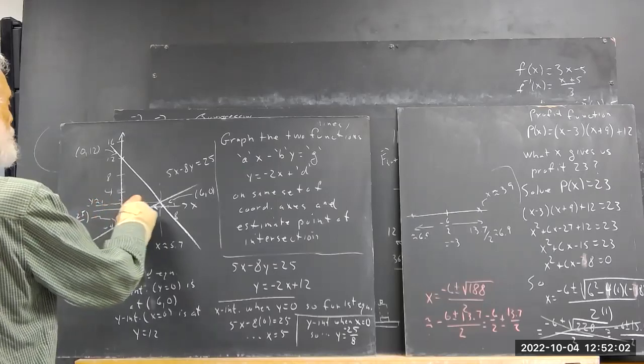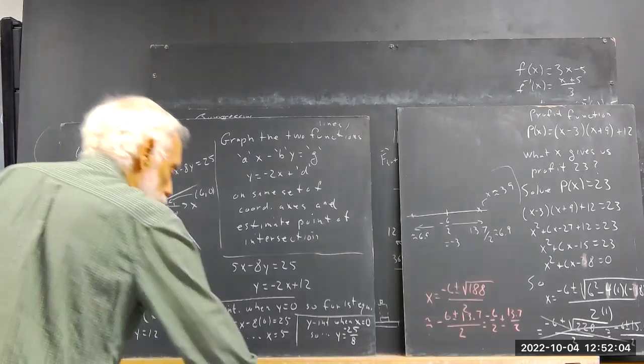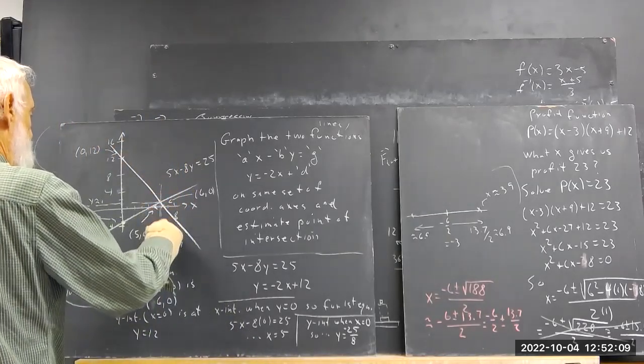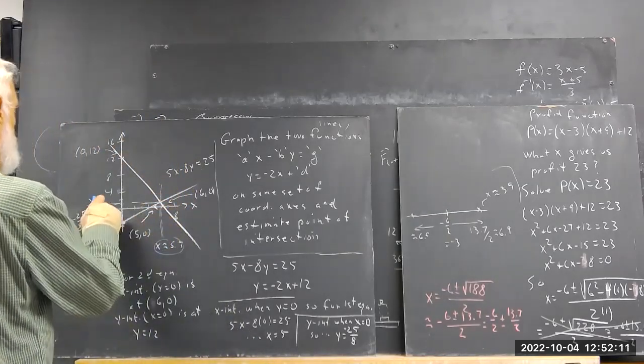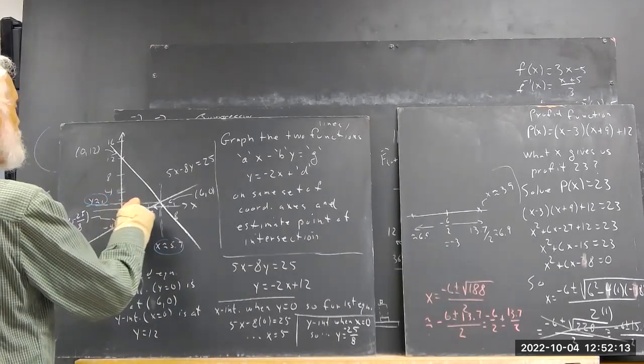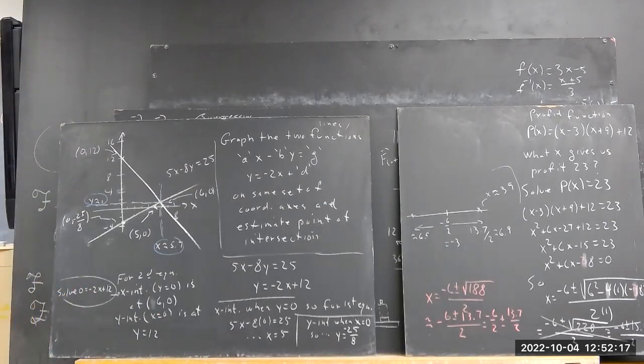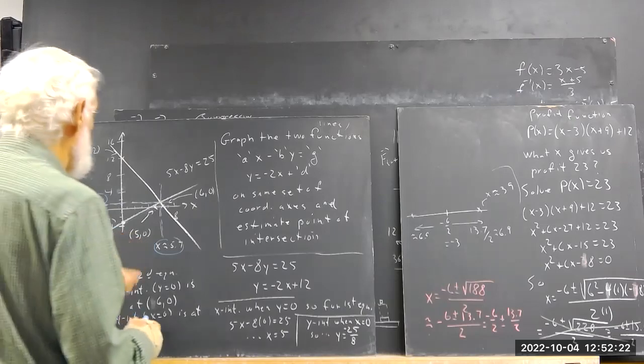Y approximately equals 1 along this dotted line. And to distinguish these lines, let's go ahead. So this is the process. So we estimate this point.